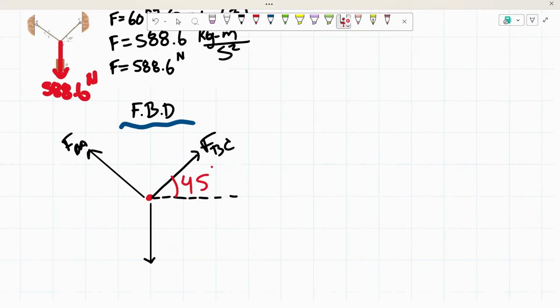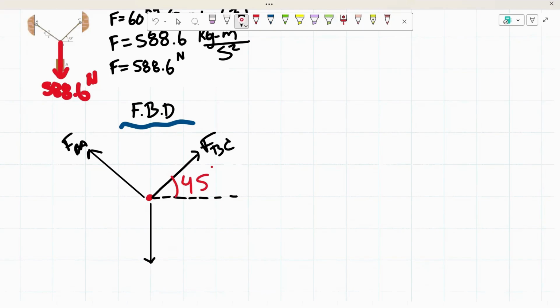So using the things that were given to us, we're going to try to find the horizontal and vertical components of force FBC and FBA, because since they're at an angle, it would be easier to work with them if we knew their horizontal and vertical components. But we don't have to do anything to this force right here since it's already completely vertical.